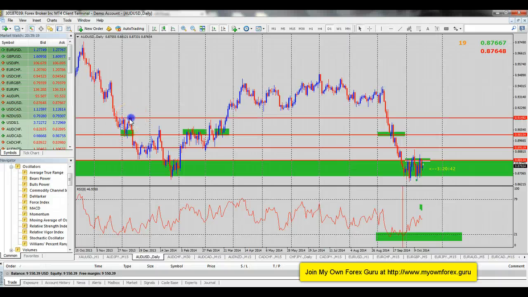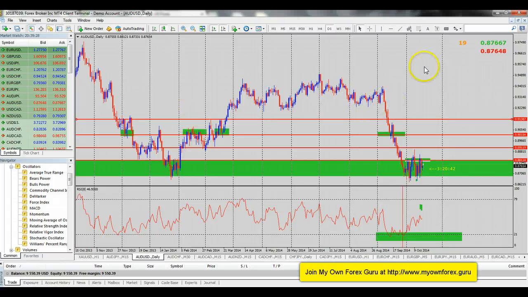Just draw your support resistance lines where the line has been touched at least 2 times. And then when you start drawing out a Fib, chances are that they're going to match up pretty close.